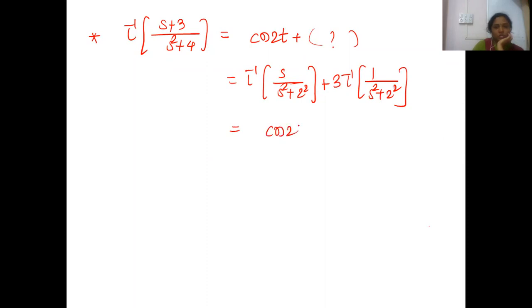That is cos 2t plus 3 into 1 by 2 sin 2t. Yes, answer. s is not there in the second term, this is 3 times 1 upon s square plus 2 square. Right? Yes. So this is all about using the standard formula. You can convert by linearity into the standard formula and solve.